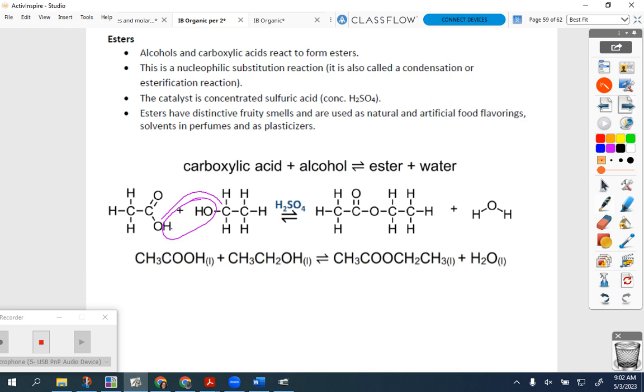So depending on what is on either end of that functional group determines whether it smells like bananas or cherries or something worse. Okay, but that's how we make esters, and you need to be able to show how that would happen to draw an esterification reaction or recognize one, and know that the other product is water.